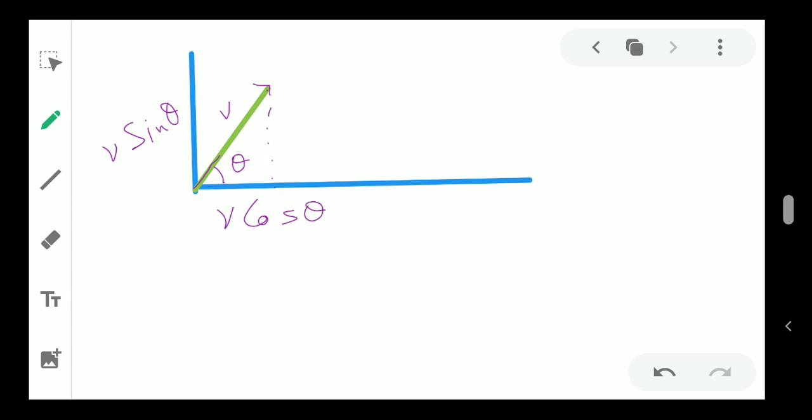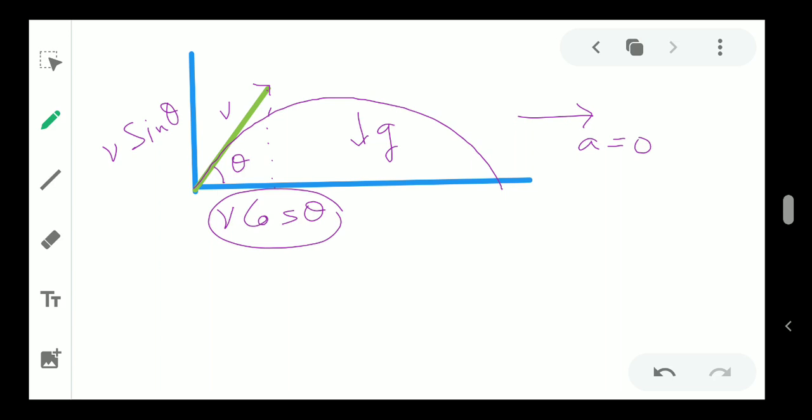It will go like this and drop somewhere here. One more thing: in the horizontal direction the acceleration is 0 in the general case, and g works only on the vertical component. So the v cos theta term is always the same at all places, and the v sin theta term changes due to g.